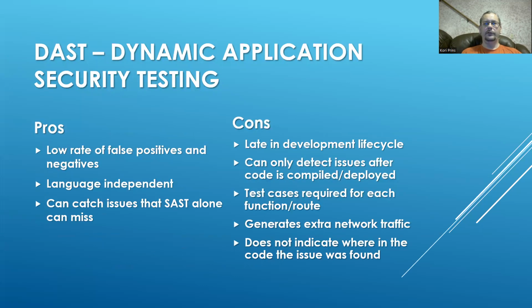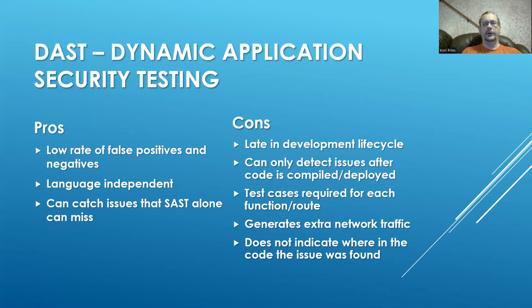The pros and cons of DAST: DAST tends to have a fairly low rate of false positives and false negatives because you're testing more specifically for the behaviors of the application. It utilizes test cases, so you can easily see: does it pass the test or does it fail the test?